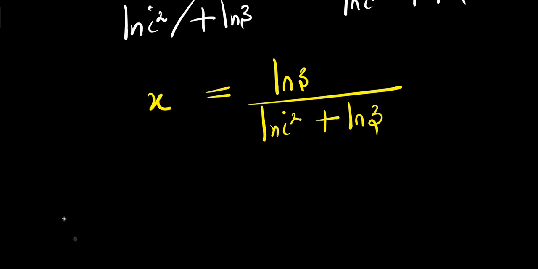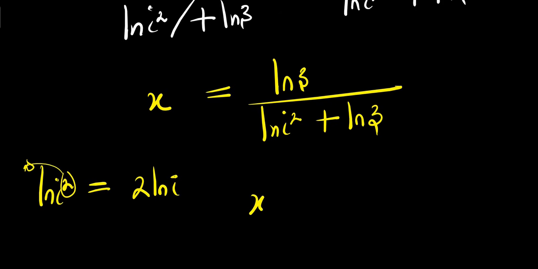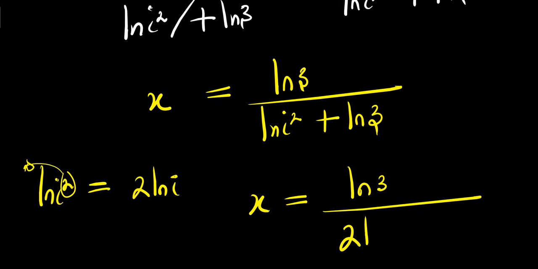Now, if you have natural log of i^2, this equals 2 times natural log of i, because this comes behind this, so you can say x equals natural log of 3 divided by (2 times natural log of i plus natural log of 3).